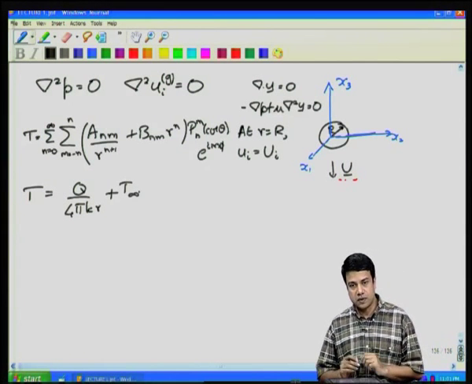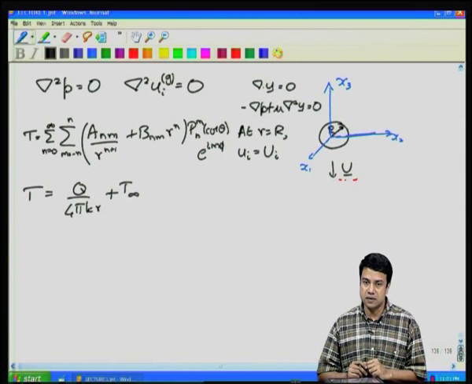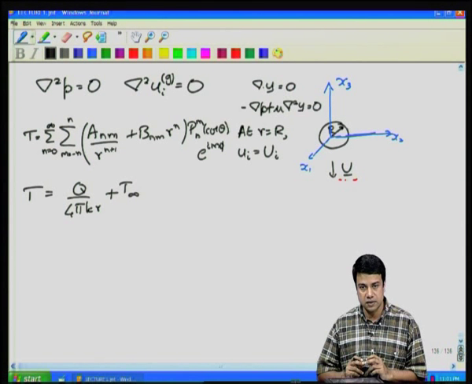Then if you superpose a source and a sink close to each other, you get a dipole, and the temperature field due to that decreases as 1 over r square. You get three such linearly independent solutions, one in which the source and sink are separated along the z axis, second along the x, and the third along the y axis.